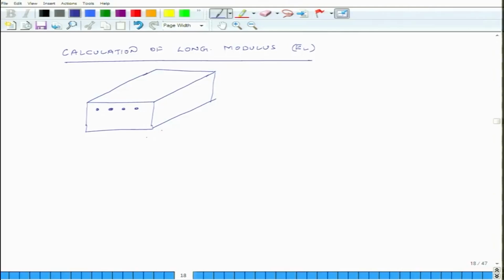Let us say this is my L direction, this is my T direction, and the third direction is T prime. These are all the fibers, and when I look at it from this end, I can only see their endpoints.